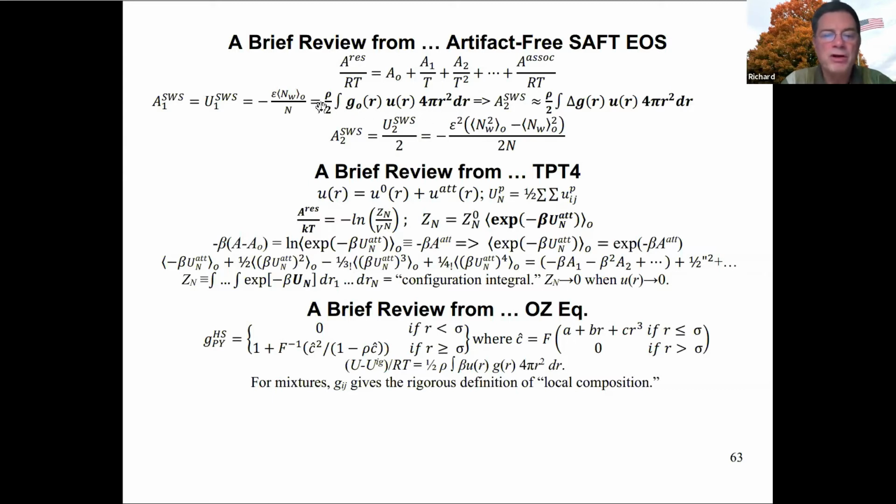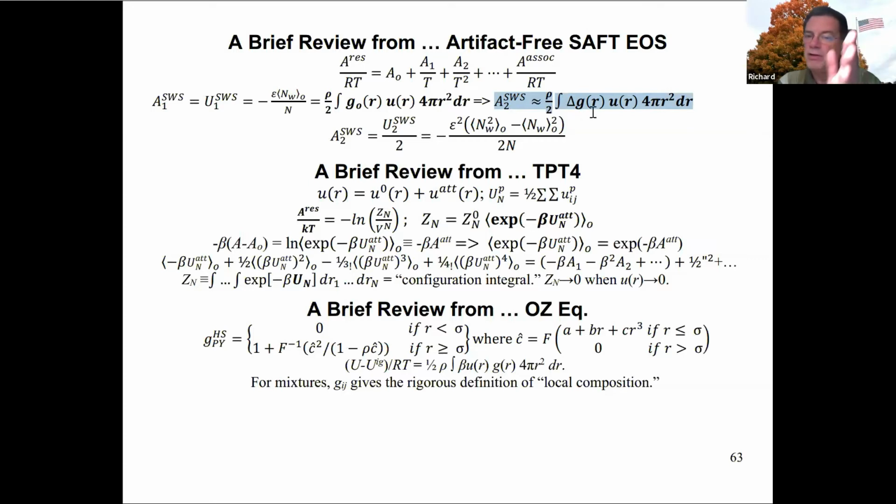So this part of this line, this is exactly what I wrote previously. Here I added a little bit to get you to think about, well, if the A1 term is proportional to the g0, just the purely repulsive part of the radial distribution function, then the higher order terms must be related to the delta g part.